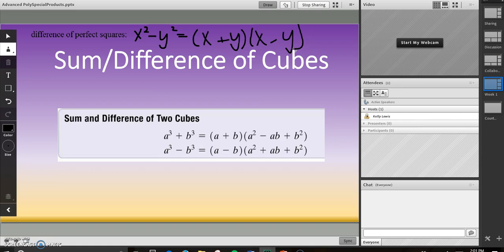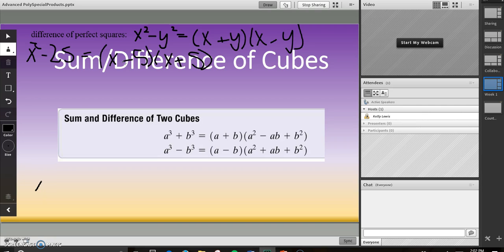For example, if we had x squared minus 25, well, the square root of x squared is x, and the square root of 25 is 5. And then you do one plus and one minus, and it didn't matter if it was plus first and then minus.